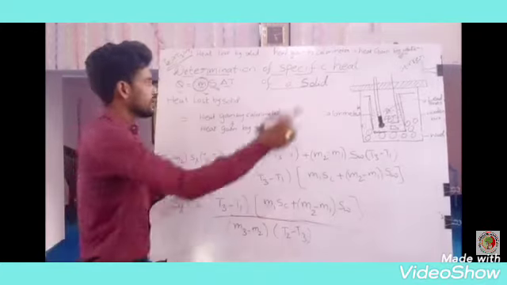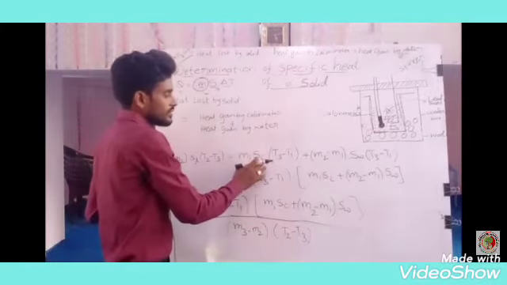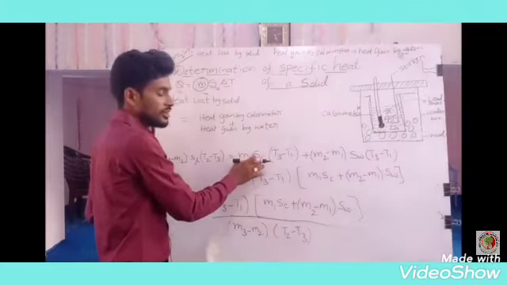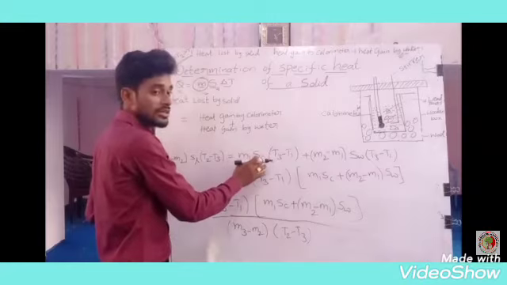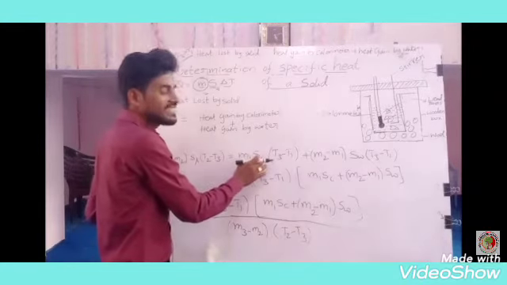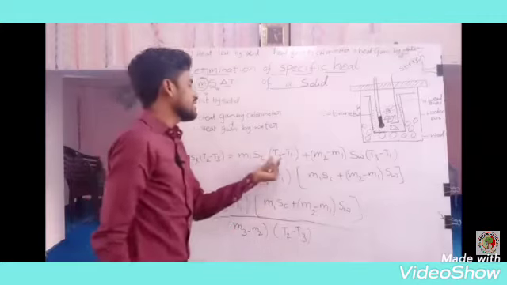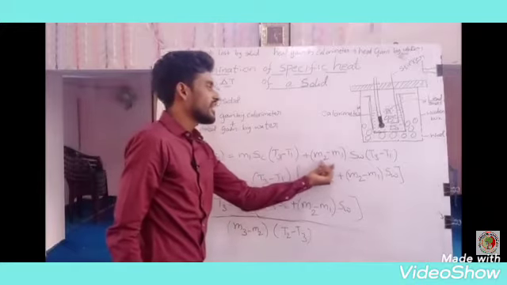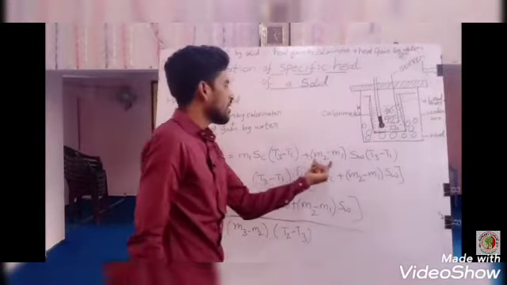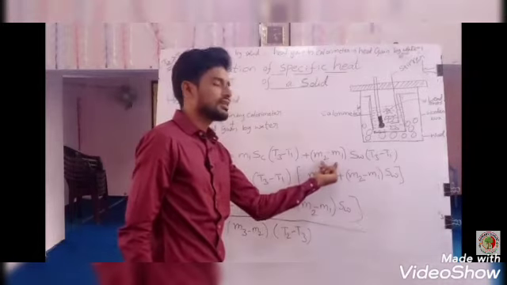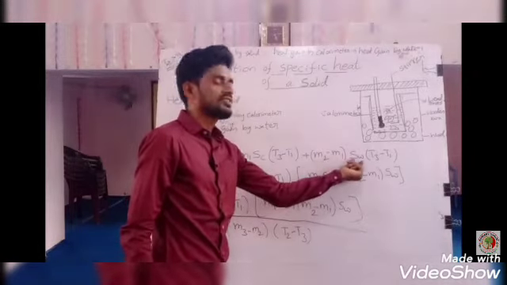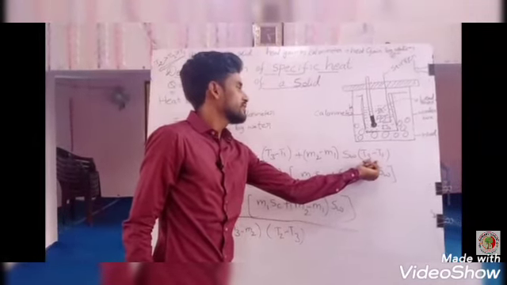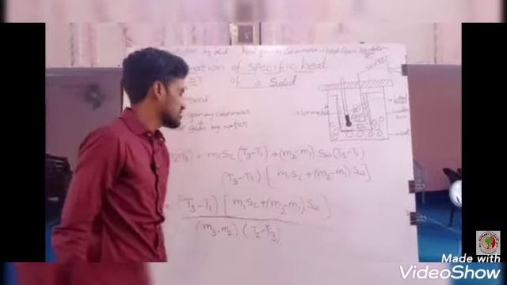Now heat gained by calorimeter: mass M1, calorimeter specific heat SC, and temperature change T3 minus T1. Coming to the heat gained by the water: mass M2 minus M1, specific heat SW, and T3 minus T1 temperature change.